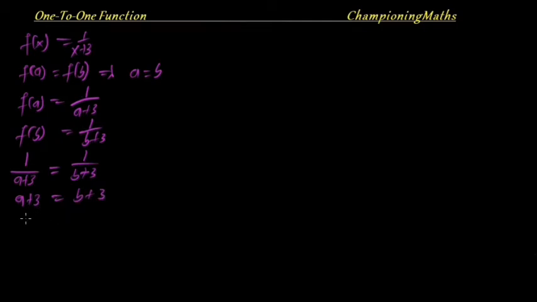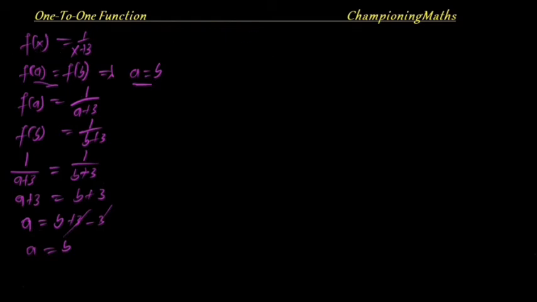Now, try making a the subject. Then our a will be equal to b plus 3 minus 3. Now, plus 3 can take away minus 3, and so we'll be having a being equal to b. Having a being equal to b from f of a being equal to f of b, it follows that the function is a one-to-one function.